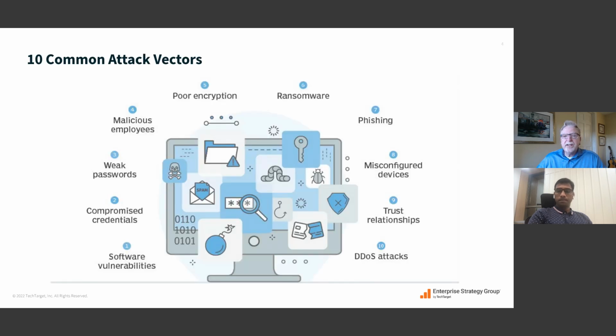When we think about attacks on the cyber front, there's 10 common attack vectors we think about. Starting off on the bottom left here, software vulnerabilities is an attack vector that we talk a lot about. We put a lot of attention into it, but it's one of many on the attack surface, including other things like compromised credentials.